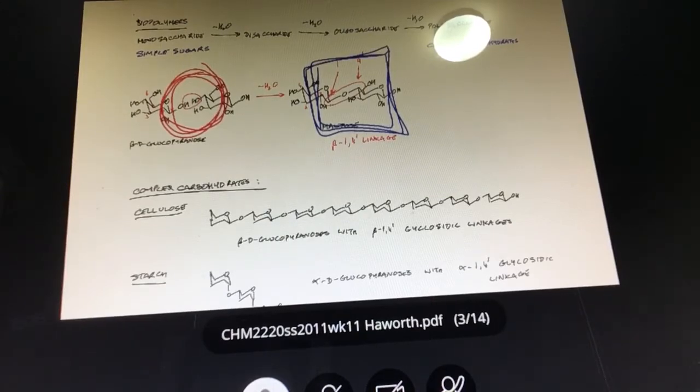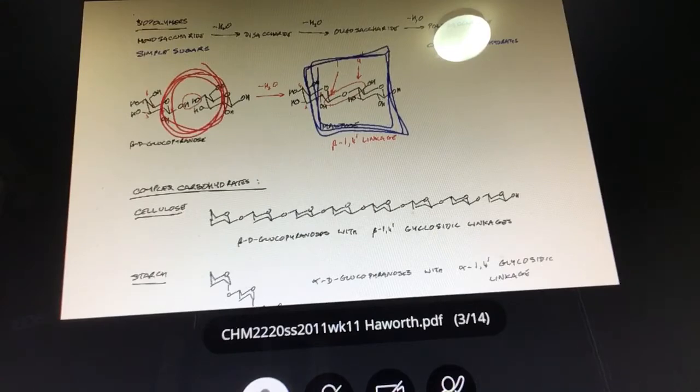So I cannot use the number 4. It's already taken. This has to be 4 prime. Using the prime, the little apostrophe after a number, tells me it's in a different subunit. So now I know what the numbers between the two carbons in this linkage is.